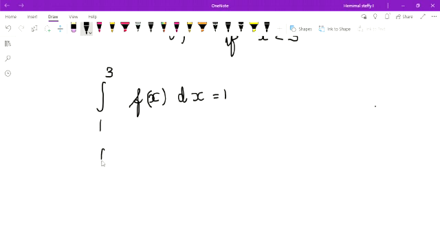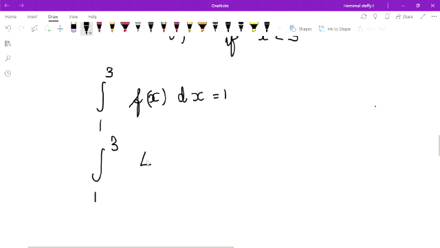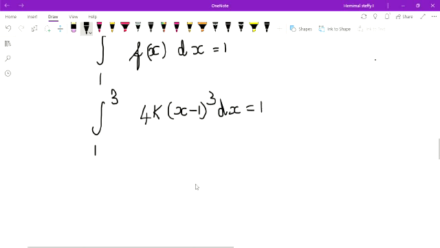So instead of f(x) between 1 and 3, I will substitute the equation: the integral of 4k times (x minus 1) whole cube dx is equal to 1.